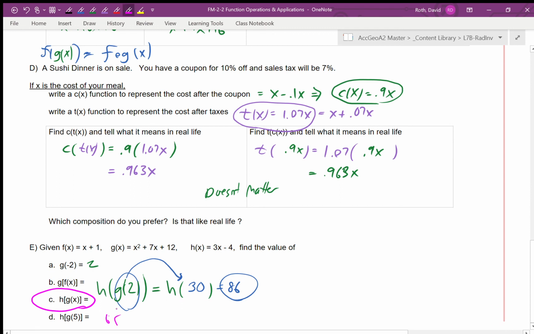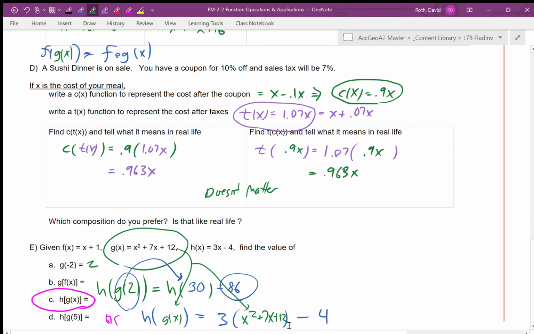Or I could actually compose a function and do h of g of x. Again, when I'm composing, I like to open up big old parentheses, and I'll do my g function in green here, and I'm going to take that and plug it into here. So g of x, and the g of x function is x squared plus 7x plus 12.